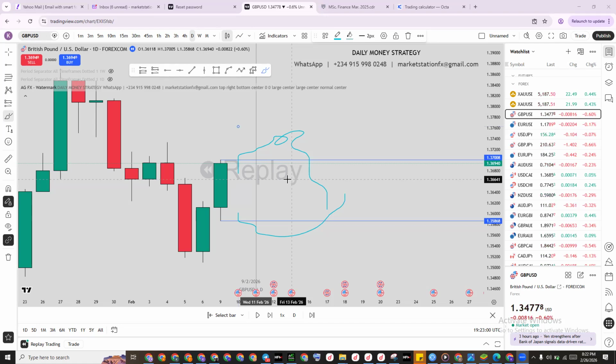Okay, because of time, you either buy in demand or sell in supply, right? Or other blocks or key spots.